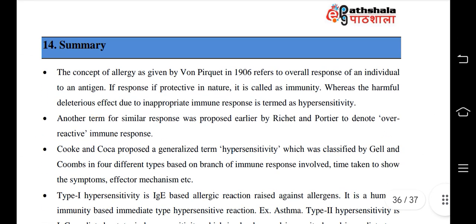Now let's have a summary. The concept of allergy was given by von Pirquet in 1906 and refers to the overall response of an individual to an antigen. If the response is protective in nature, it is called immunity, whereas the harmful deleterious effects due to inappropriate immune responses are hypersensitivity.